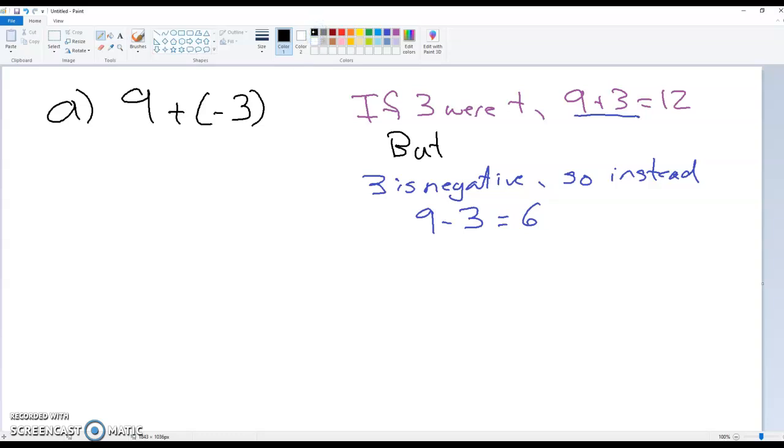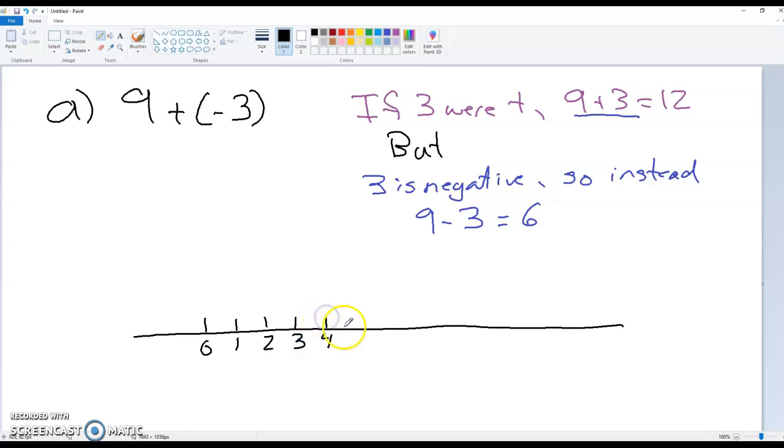And if we need a little bit more visual for that, in my examples I did a number line. I'm using some color here so you can see the difference.